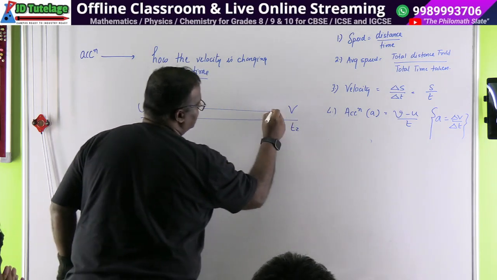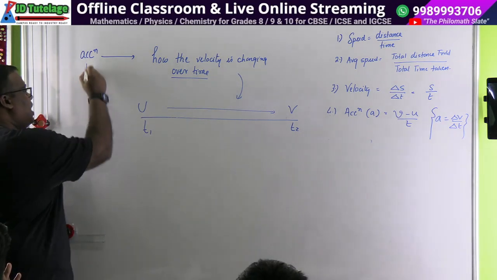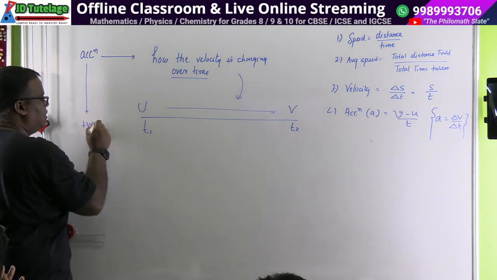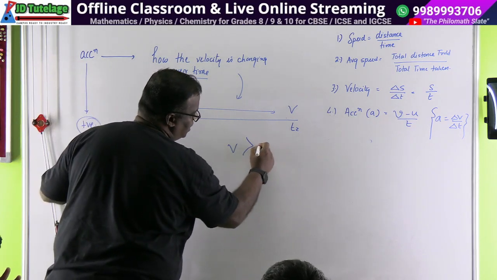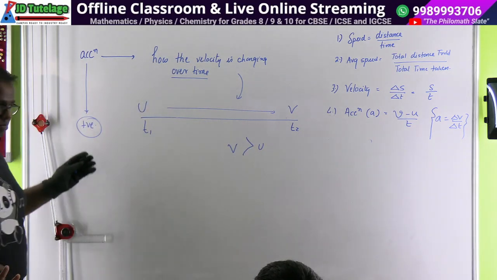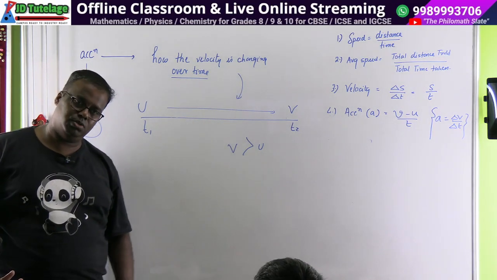Did you understand this? This is what the acceleration tells you. If the acceleration is positive, that means what? That means v will always be greater than u, because there is a growth in the velocity over a period of time. Have you understood?